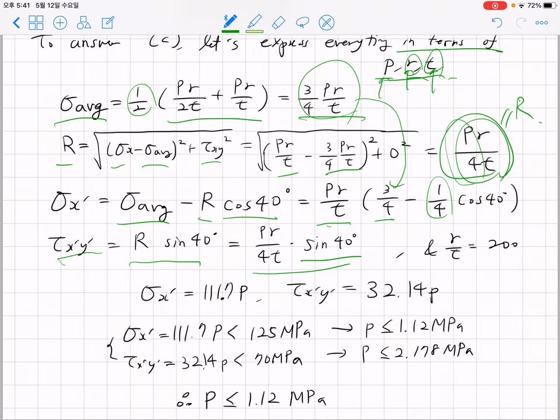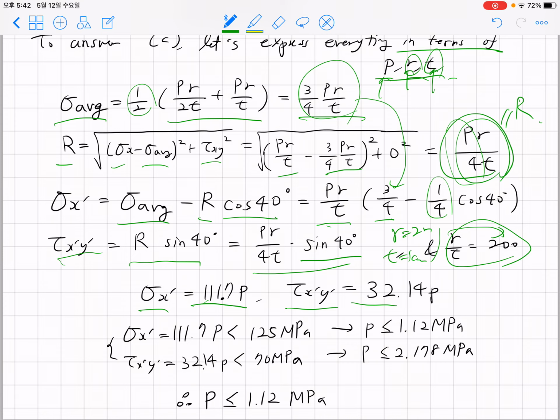So here, after plugging in R as 2 meter and T as 1 centimeter, R over T becomes 200. After replacing R over T with 200, we obtain 111.7 P for sigma x prime and 32.14 P for tau x prime y prime.